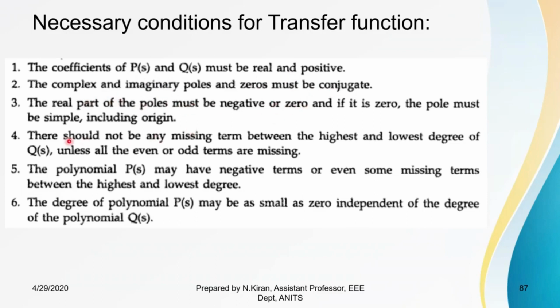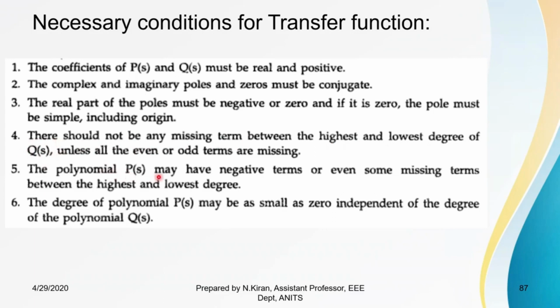So coming to the fourth condition, here there is a slight difference between this condition and the previous condition. Here when I consider Q of s, that is the denominator polynomial, there should not be any missing terms between highest and lower order terms in the denominator polynomial.